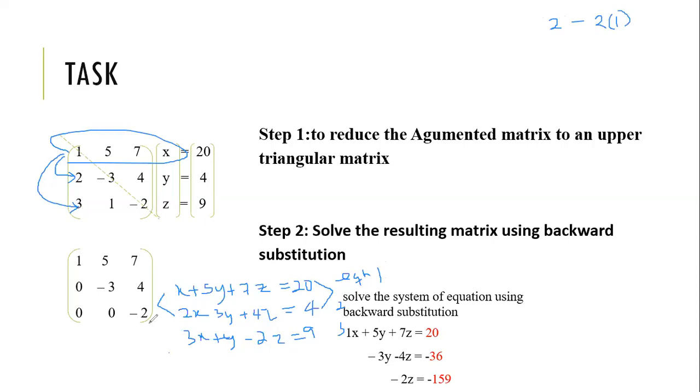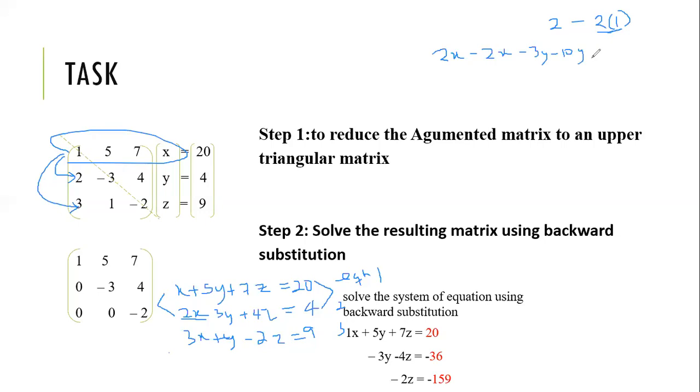So in doing so, that will give us, this is equation 2. So the linear combination will give us 2x minus 2x, minus 3y minus 10y, because we are dealing with 2 times row 1.